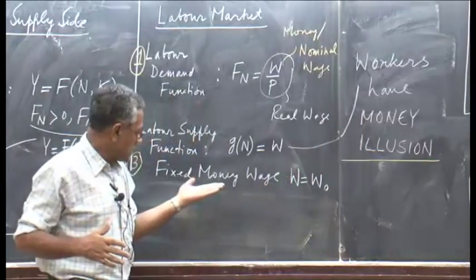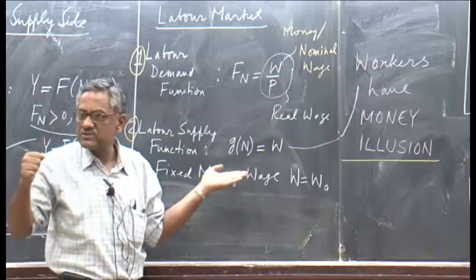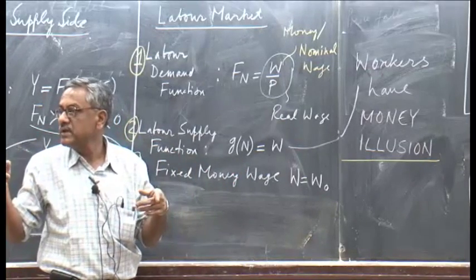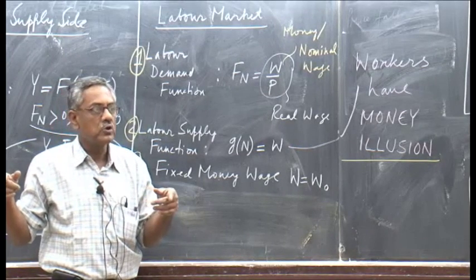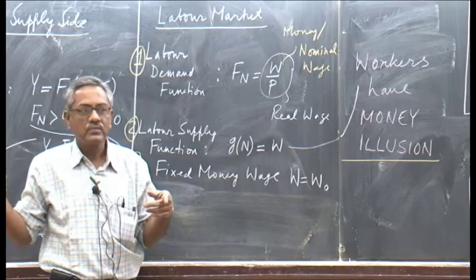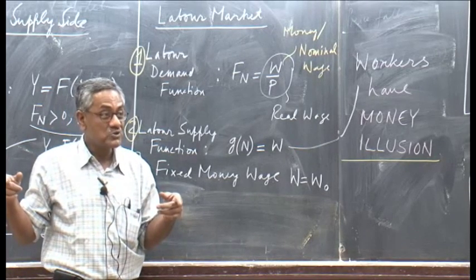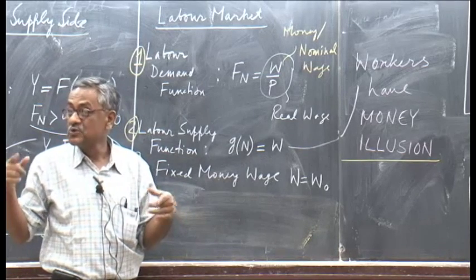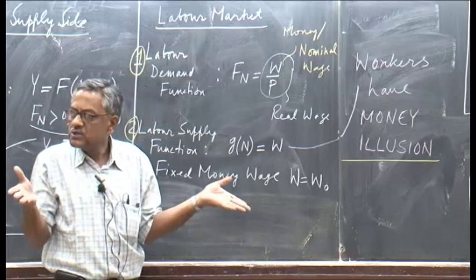But when you look at the wage rigidity assumption, rigid means fixed, which doesn't change. The opposite of rigid would be flexible. In school we used to learn antonyms and synonyms. So rigid in the sense it's fixed, predetermined.